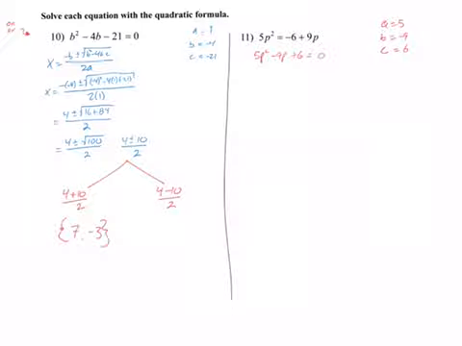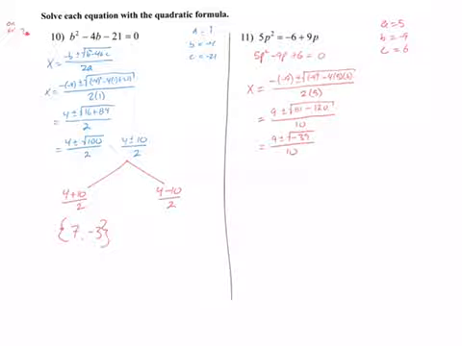I'm going to plug those into my quadratic formula and simplify that down. Plugged in, now let's simplify. Simplified some, let's simplify some more. Okay, now notice we have a negative underneath that radical. So we can say this is 9 plus or minus i square root of 39 over 10.